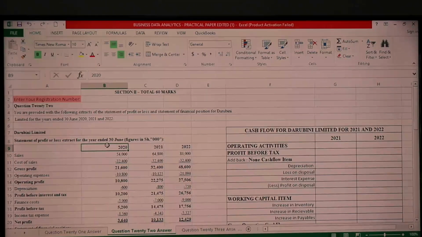So confirm whether you get that or you have got the copy. If you got the copy, download it in your machine, then click on the second worksheet. That is where our data is.